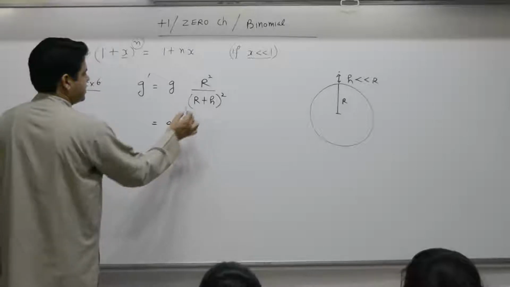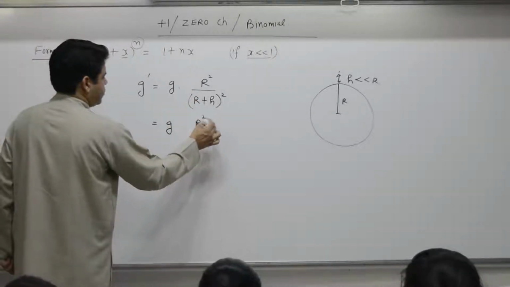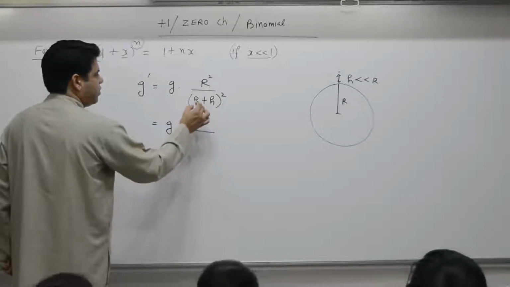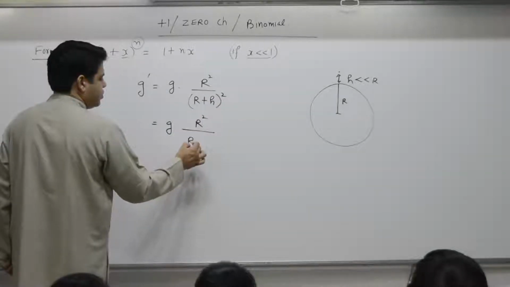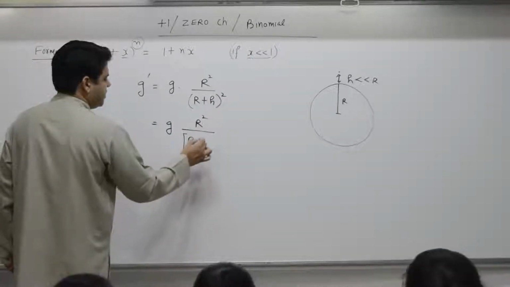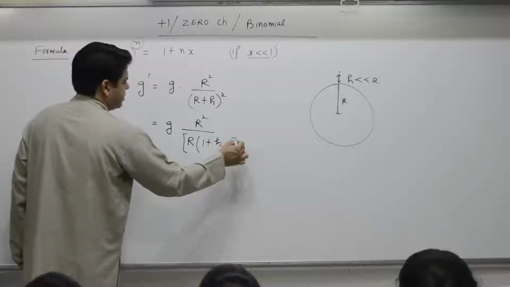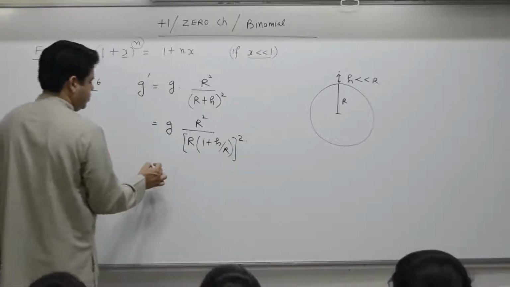Can I write like this, g R square over R plus h whole square, if you take this R out, R's power 2, or you can say, let me take one more step, R square into 1 plus h by R power 2.